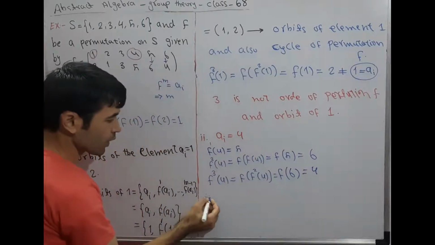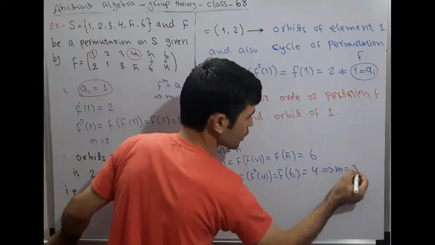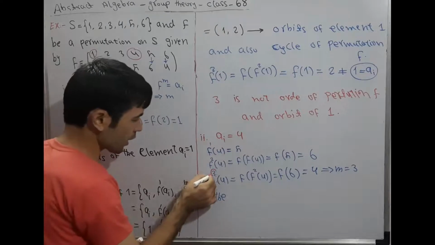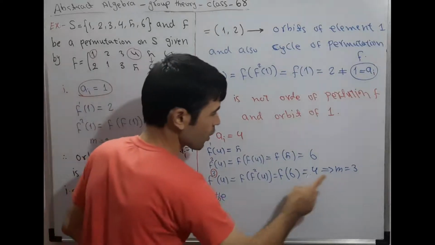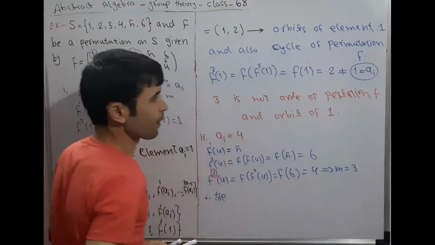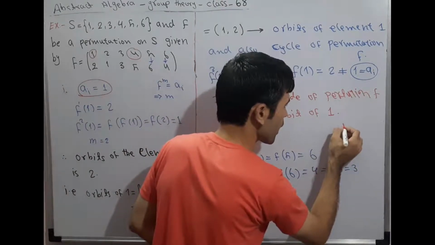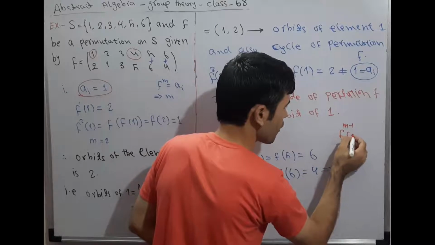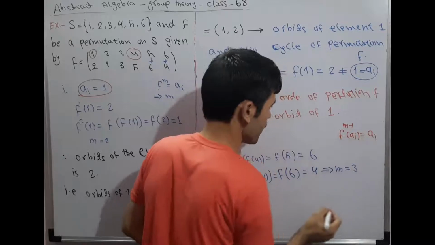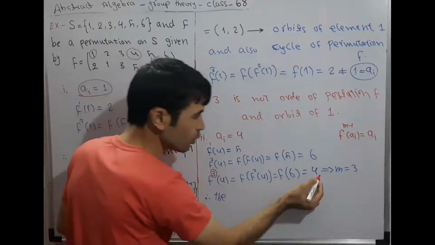Therefore, we get m is equal to 3. Here 3 is the least positive integer for which f to the power 3 of 4 is equal to 4.